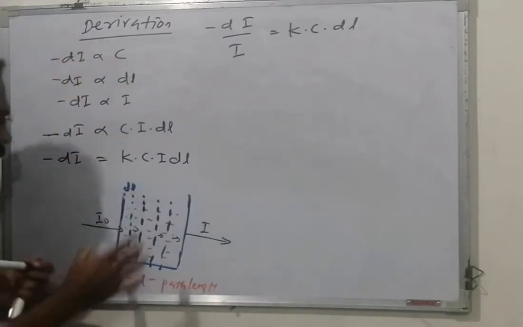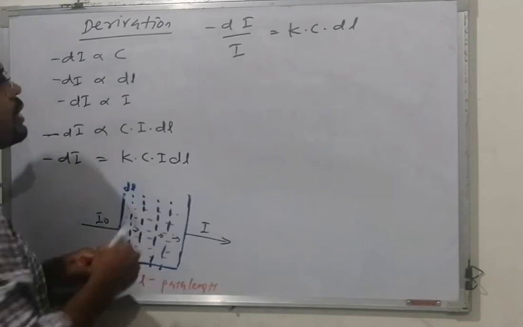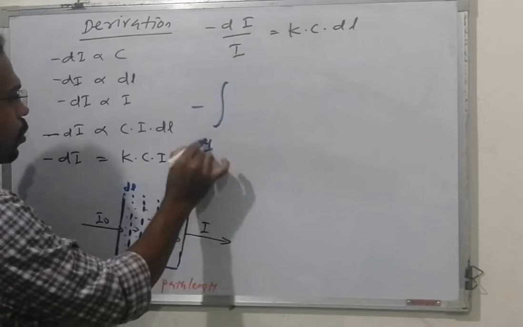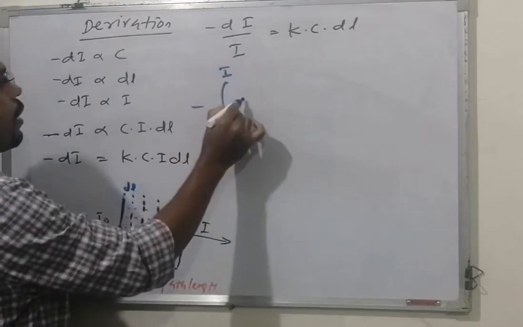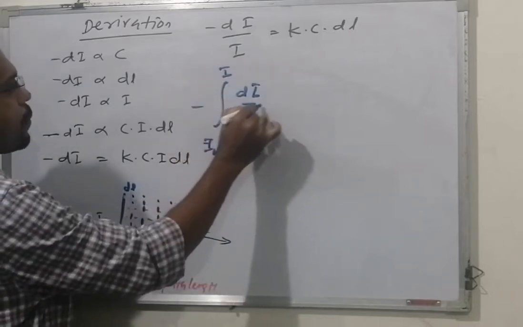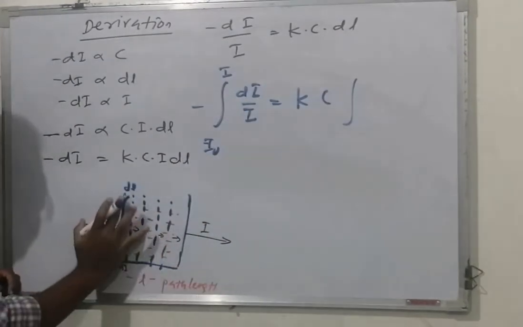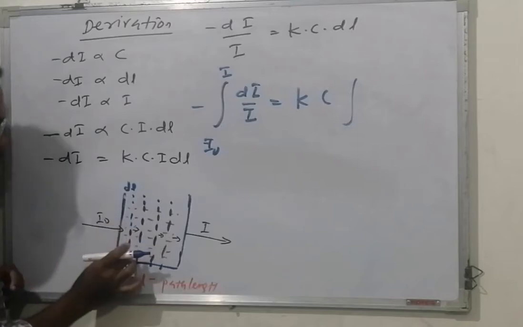Therefore, for the entire cuvette, we can integrate it. That is, you integrate from I0 to I, dI by I is equal to k into c. The concentration is uniform for the entire cuvette as well as the smaller cuvettes.